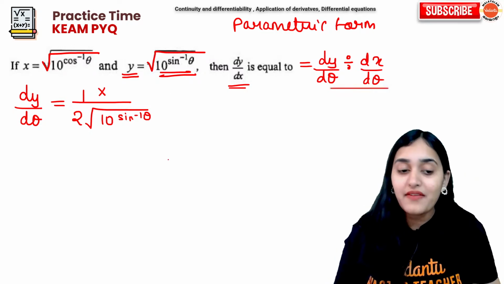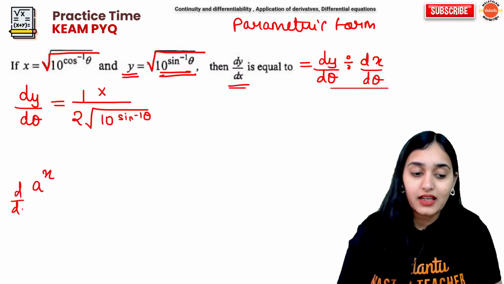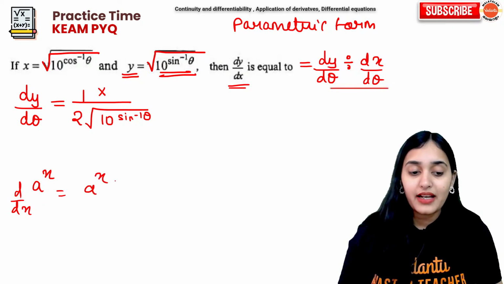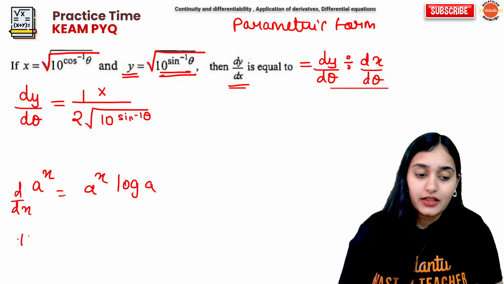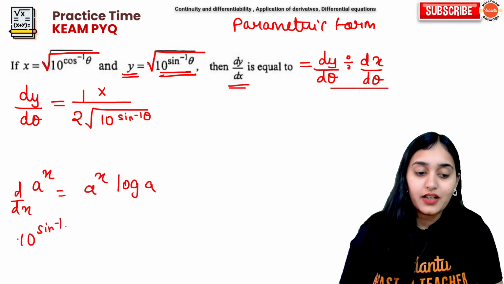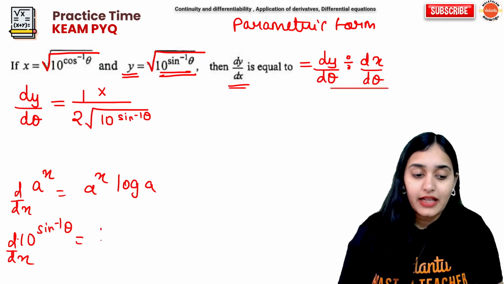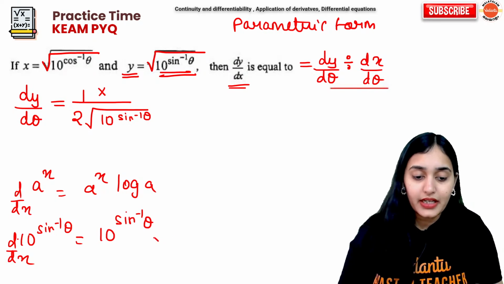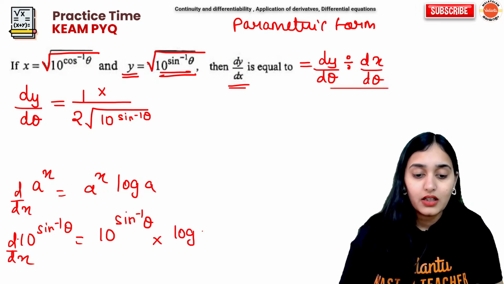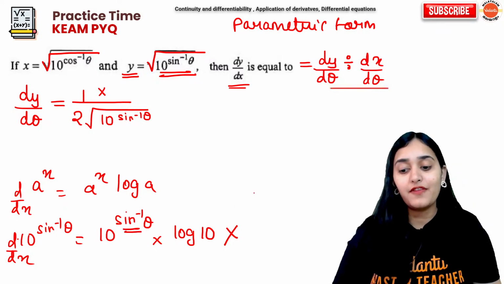What is the differentiation of 10 to the power sine inverse theta? A to the power x differentiation is a to the power x log a. So it will be 10 to the power sine inverse theta into log 10 into sine inverse theta differentiation.